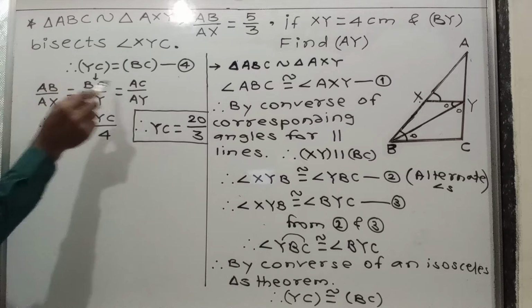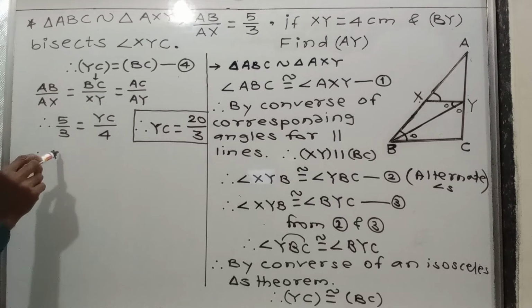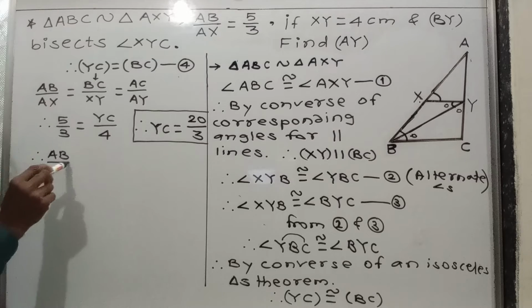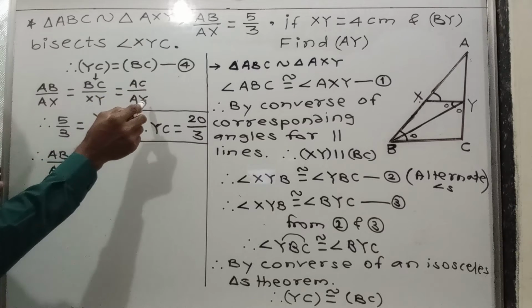Now we use these two ratios. AB upon AX is equal to AC upon AY.